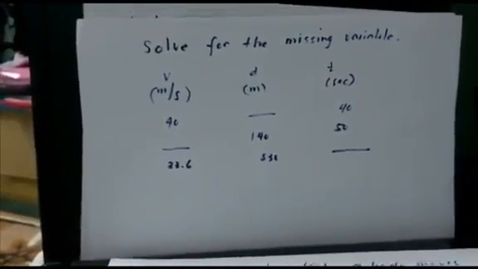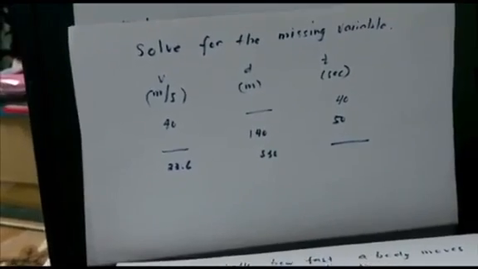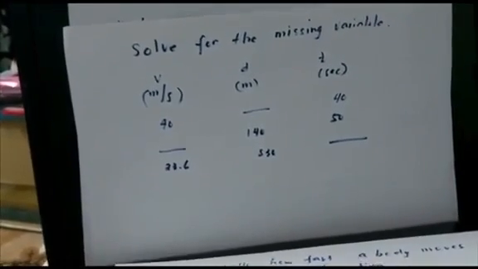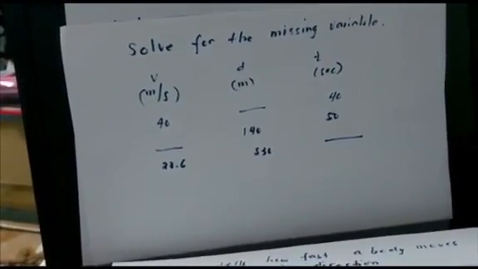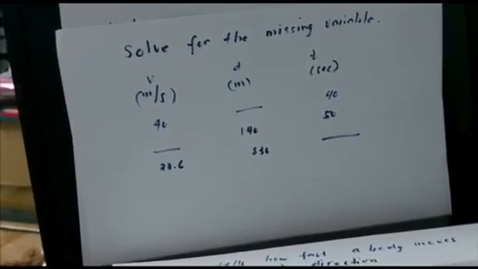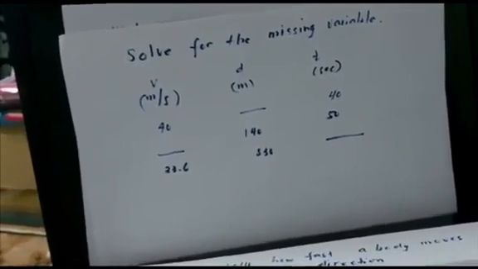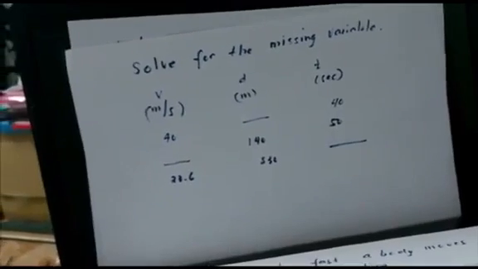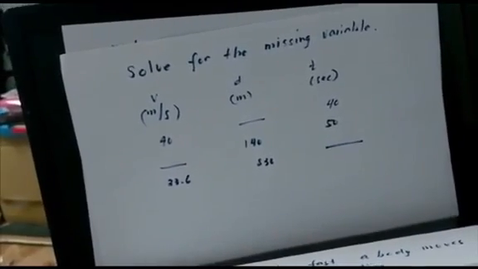Now, let's move on to practice application. This time I want you to solve for the missing variable. Here you will be asked to solve 3 problems to complete the table. For the first row, you will be asked to solve for the displacement. For the second row, you'll be asked to solve for the velocity.